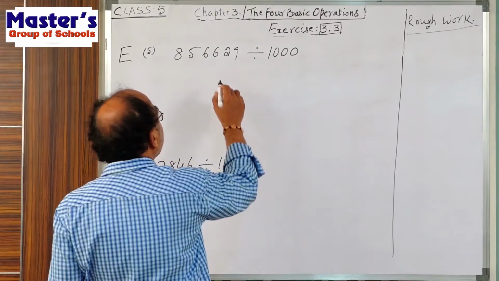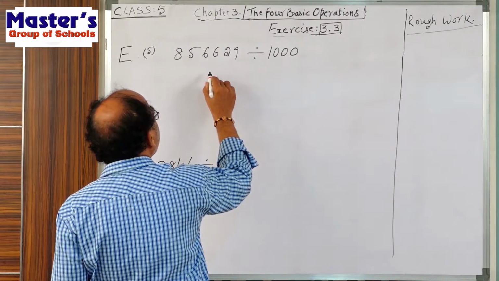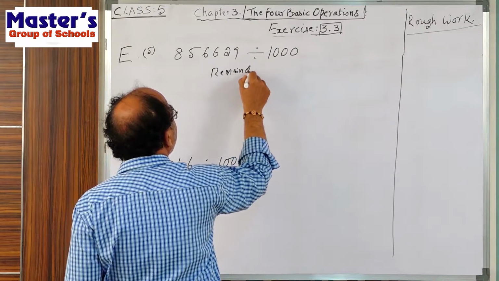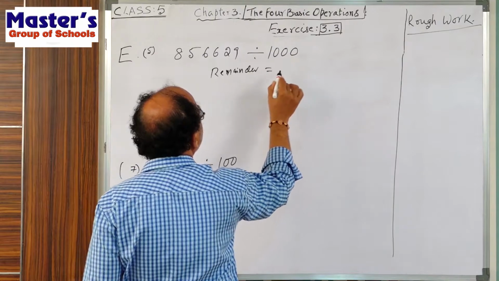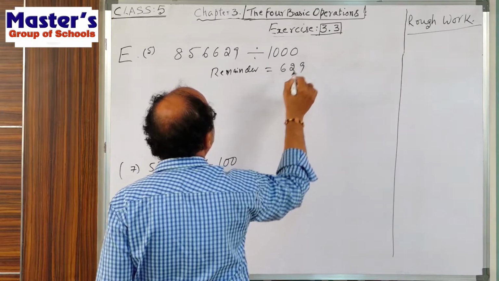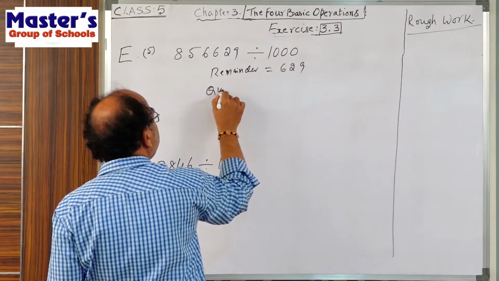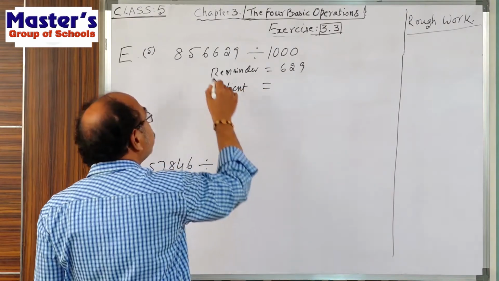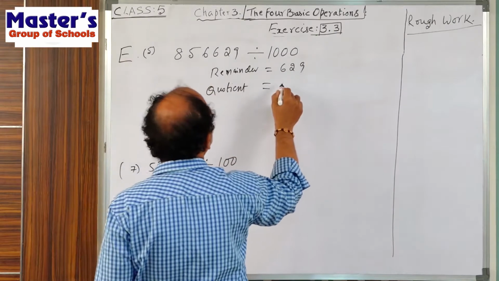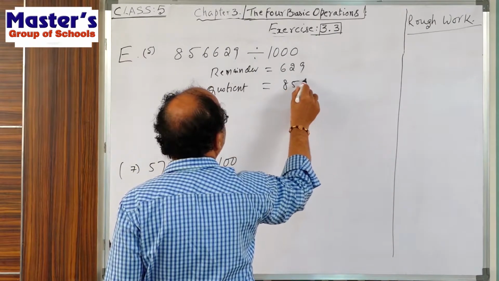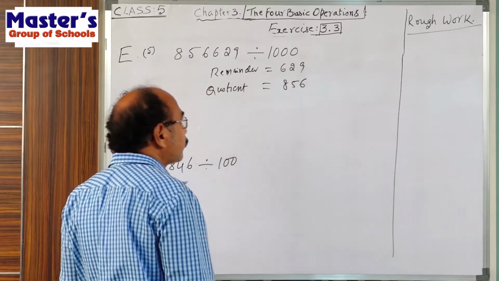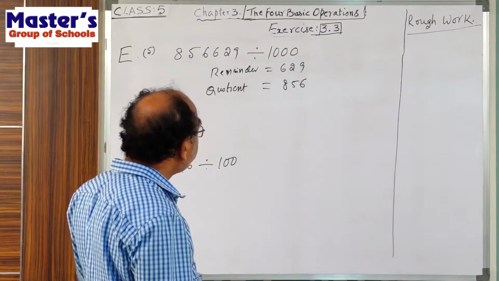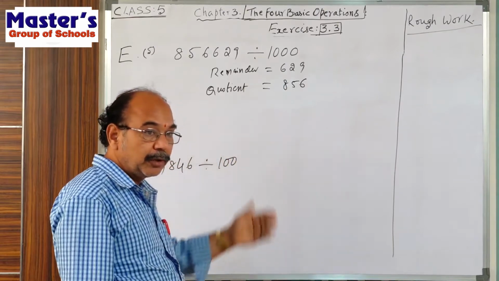So here the remainder is equal to 629. What is the quotient here? The rest of the remaining digits, that means 856. Okay, children, that means we simply follow the property.